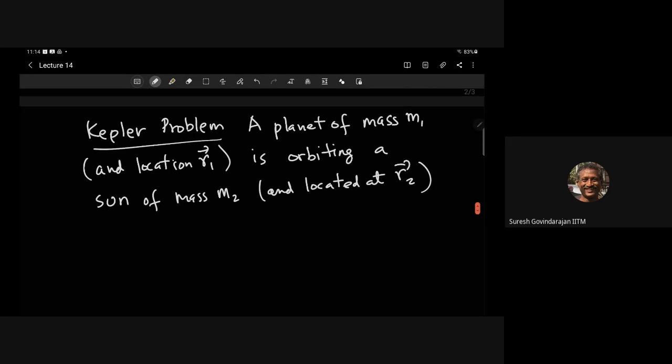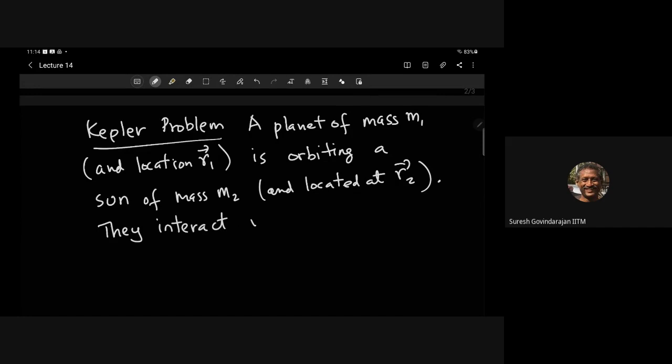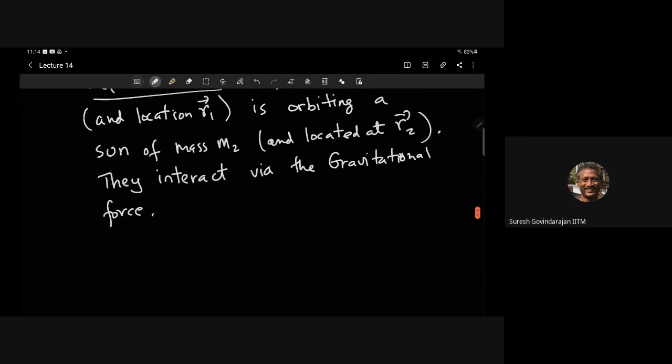They interact via the gravitational force, which goes as follows.